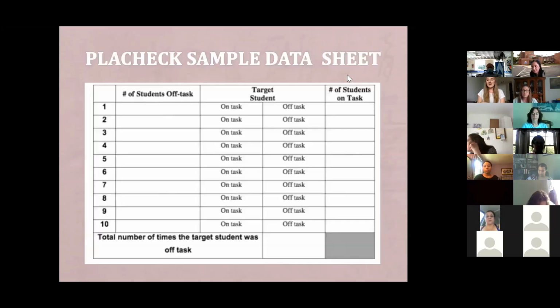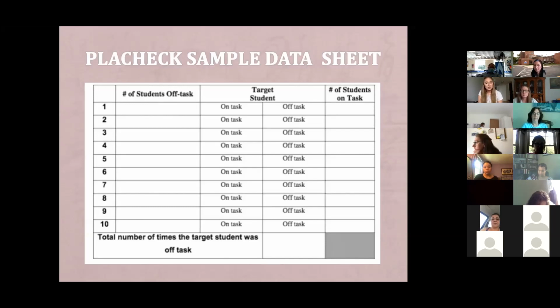The next data sheet we have here is for tracking off-task behavior. In the far left column, you have your intervals 1 through 10. Then you have the number of students engaging in off-task behavior, your target student, and the number of students engaging in on-task behavior.